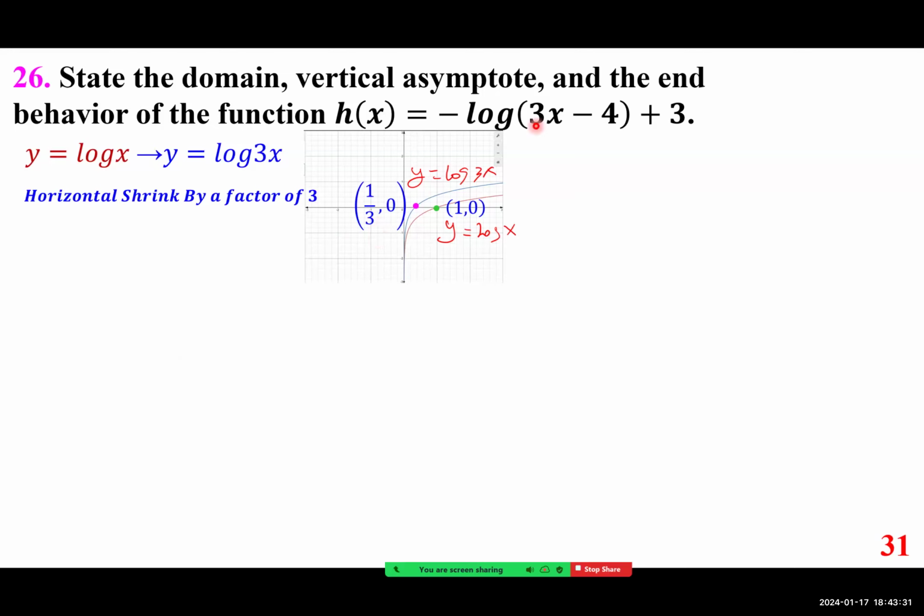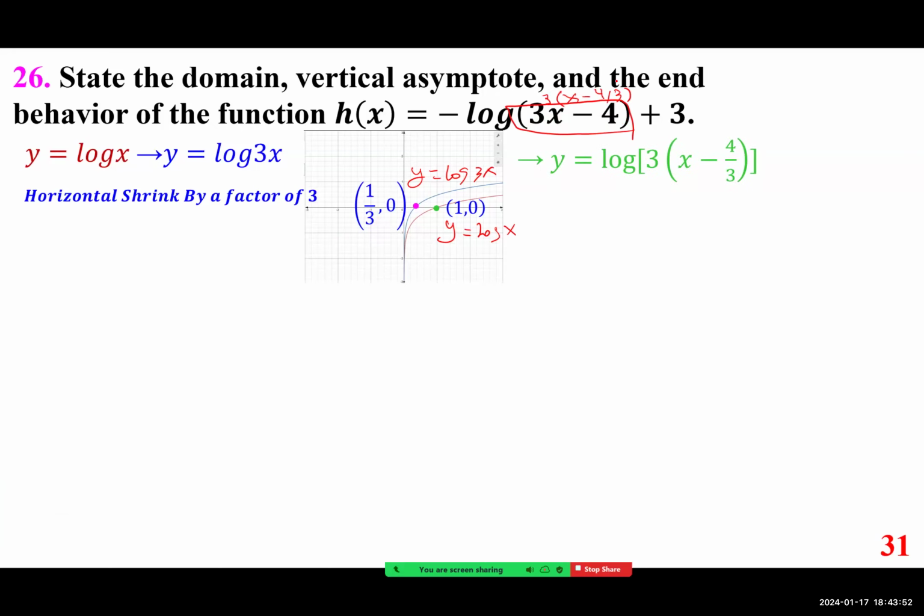So we want to make it look like this. So first, you have to understand this is the same as 3 times what? x minus 4/3.